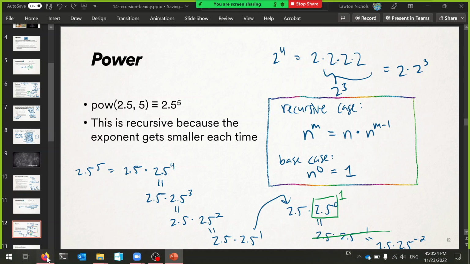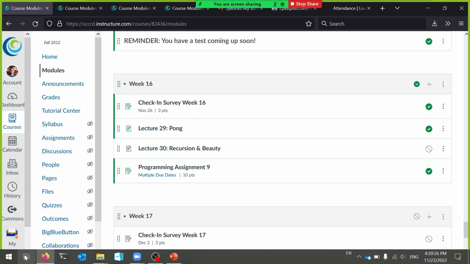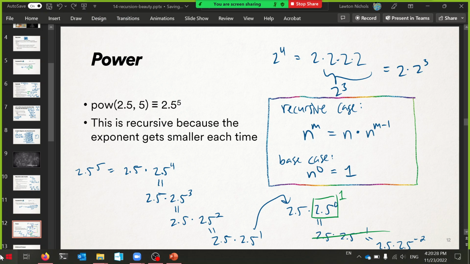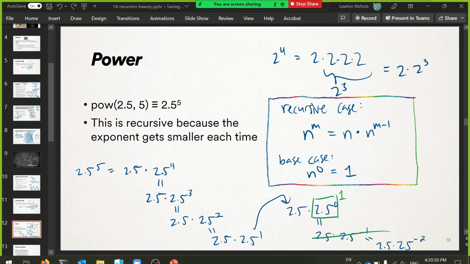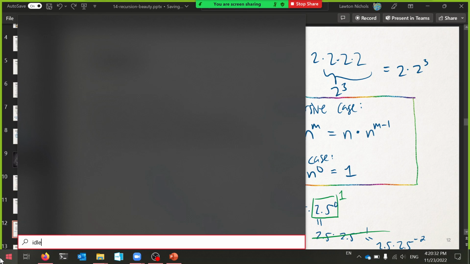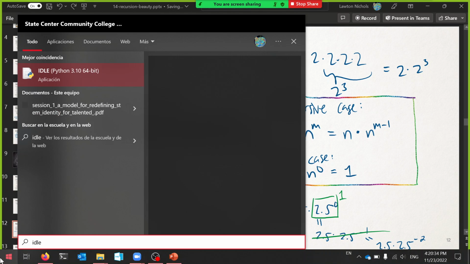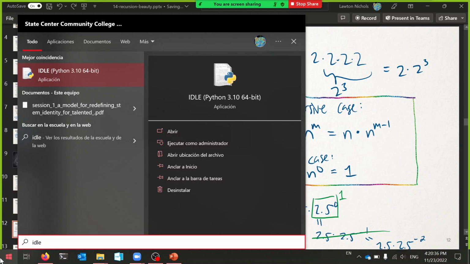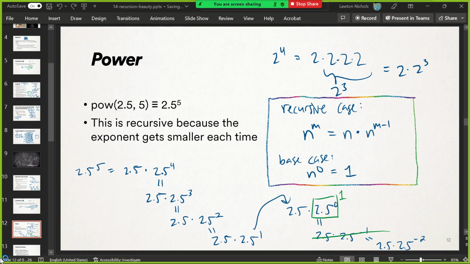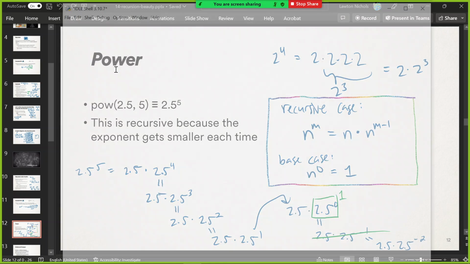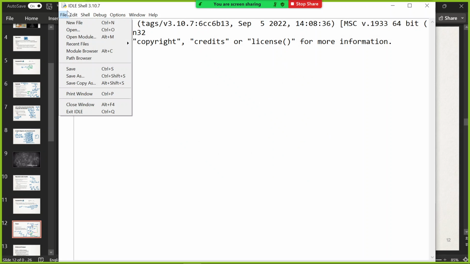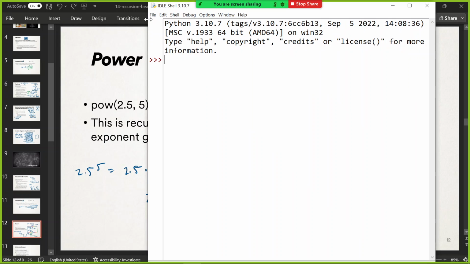Let's do that for sure. This is lecture 30. My computer's running too many things, I guess. All right, so let me just make this small to begin with.